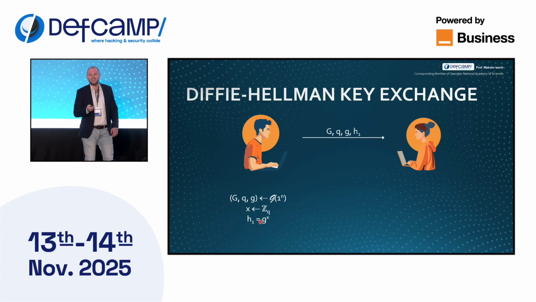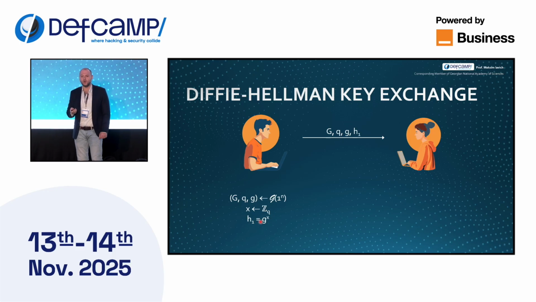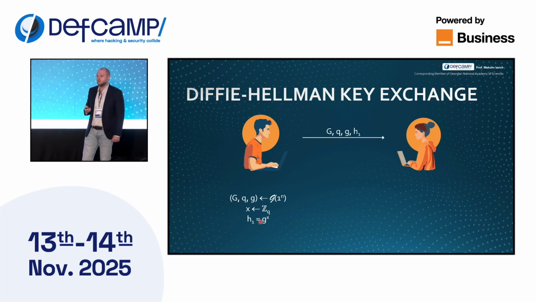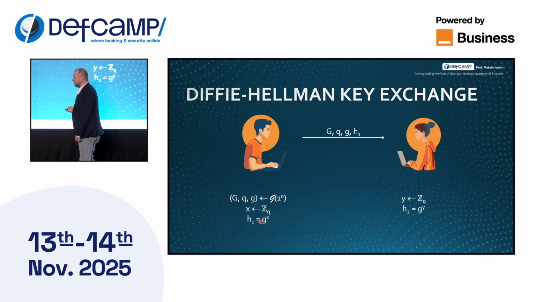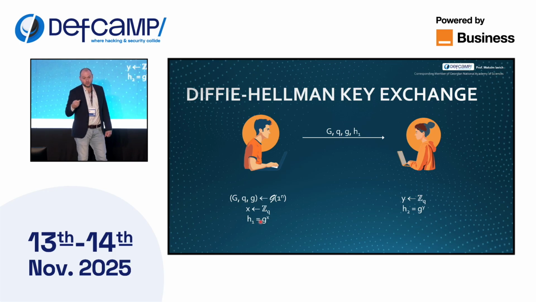The hacker intercepts H1, but he cannot get X from there. Alice gets H1. She also doesn't know X because of the discrete logarithm problem. What does she do?